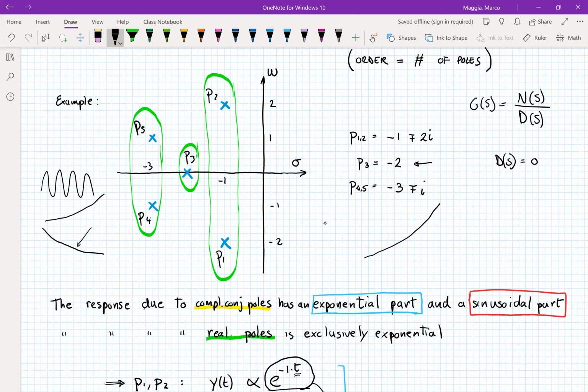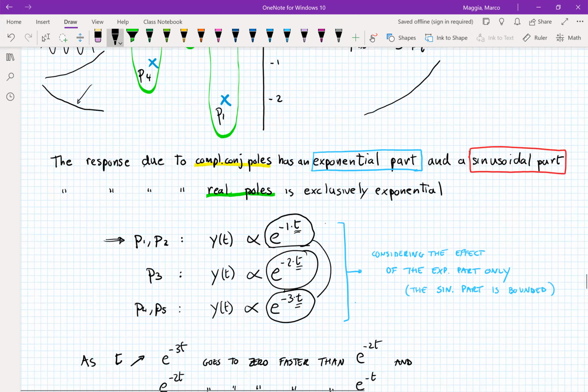So we definitely don't want poles with positive real parts. So if all the poles have negative real parts, then the dominant ones are the ones closer to the imaginary axis. So in this case, P1 and P2 are the dominant poles.